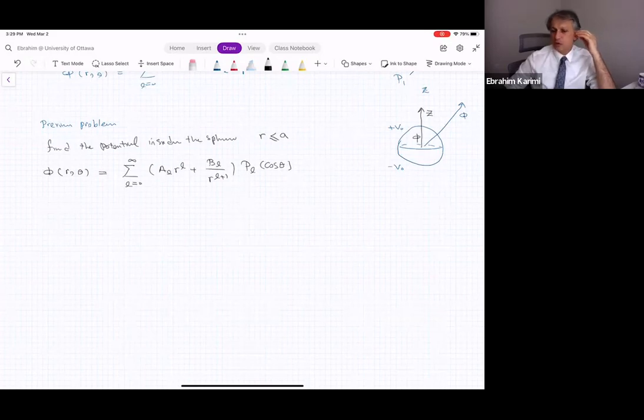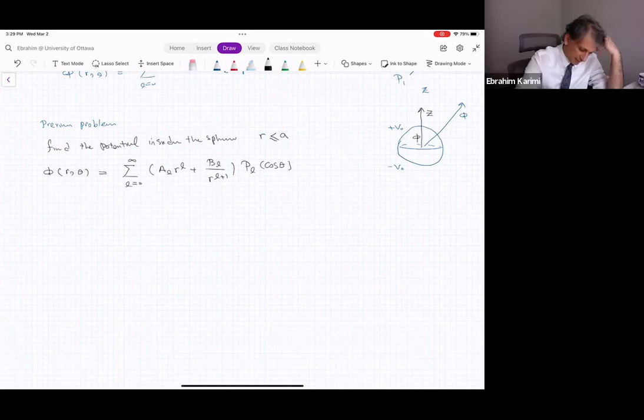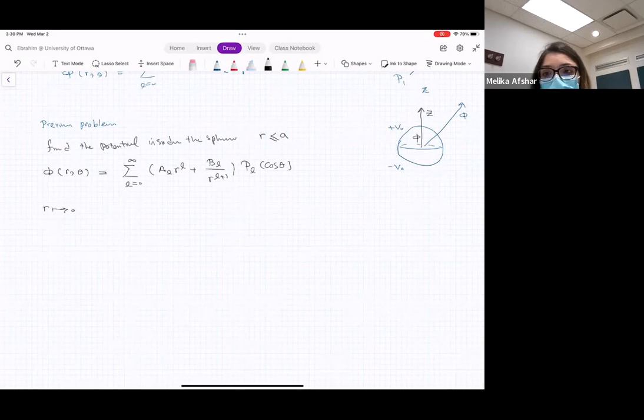What conditions do we have to apply to phi in order to determine AL and BL? We need to know what happens to the potential when R goes to 0. Excellent. When R goes to 0, what do you expect for the potential? To be confined, right?